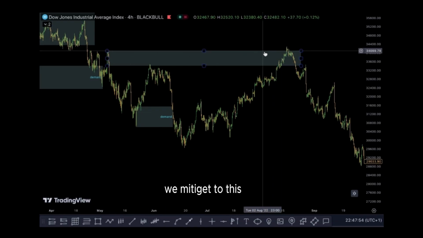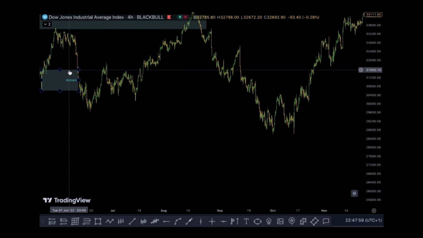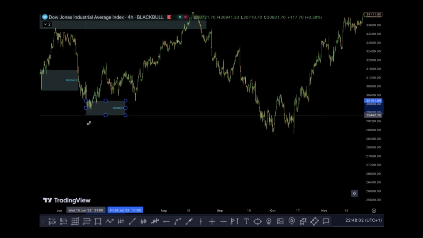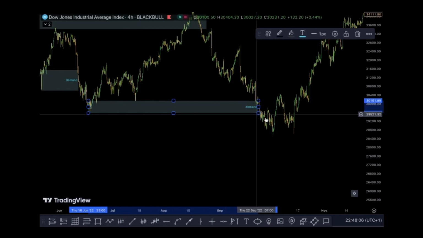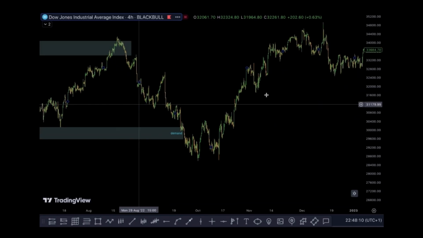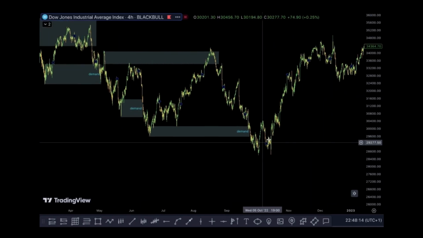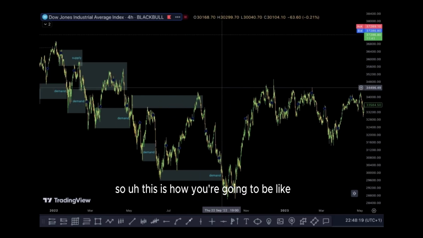We mitigate to this and fell again. We fell again. So this is how you're going to be marking up your supply and demand.